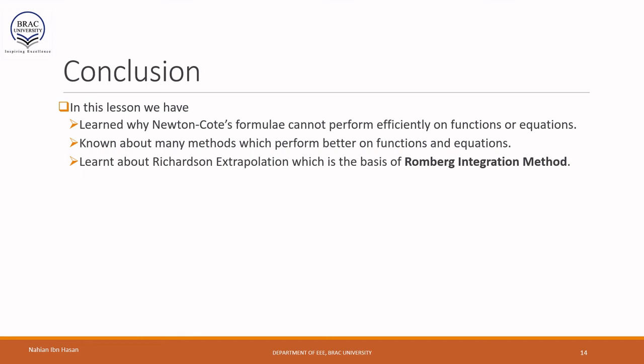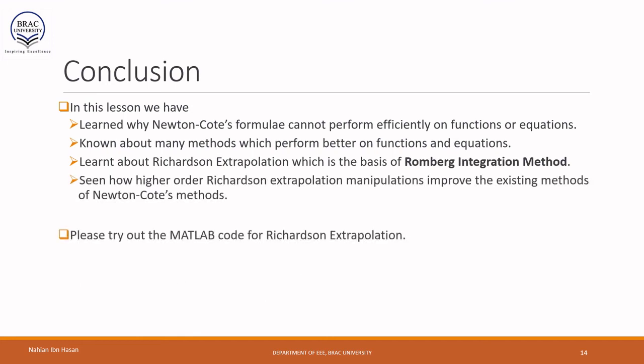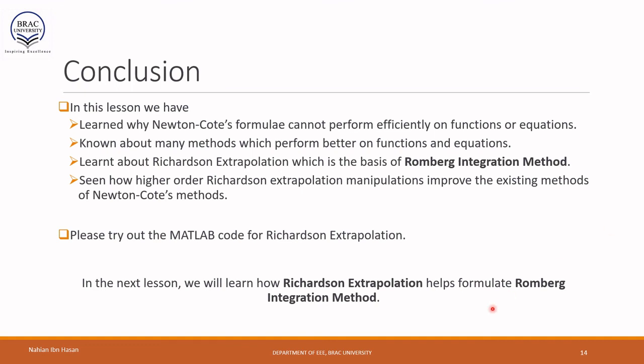Although we have not gone into Romberg integration yet, we will cover that method in the next lesson, where we will see how Richardson extrapolation helps in the Romberg integration method. That is the discussion topic for the next lesson.